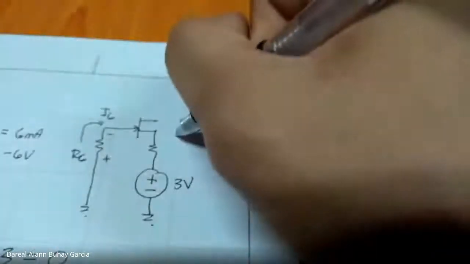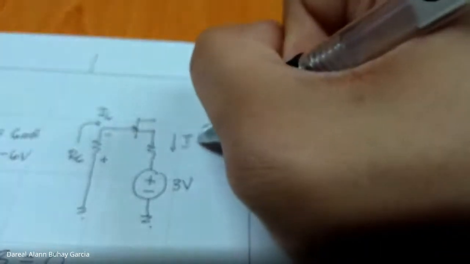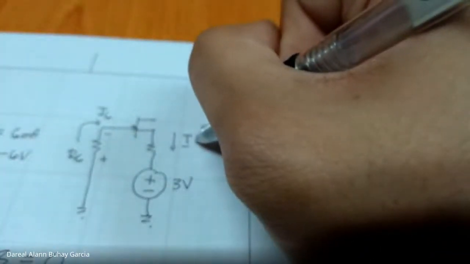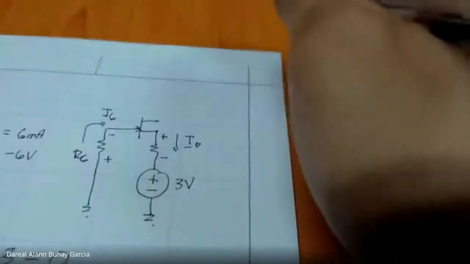So if atong IG is padulong dito, that's why minus plus ang atong resistor RG. Padulong man dito atong ID. IDRS plus naman. So, plus minus ni. VGS.